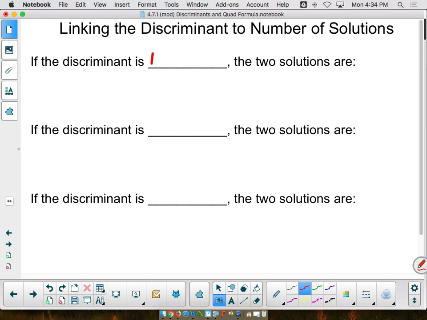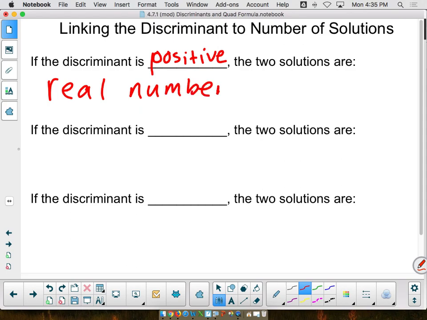So if your discriminant is positive, any positive number, it could be 107, it could be 3, it could be 6 million. The two solutions then are going to be real numbers. They might not be whole numbers, they might be decimals, but we know that they're both what we call real numbers, which is any number that you can think of that you would normally deal with.